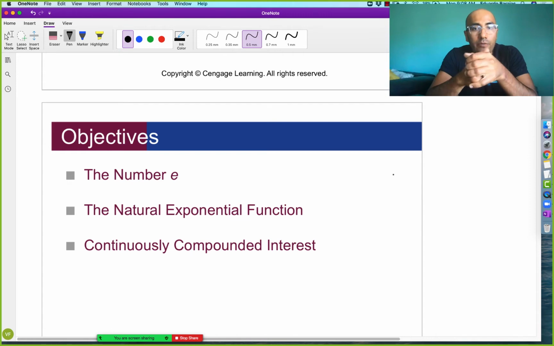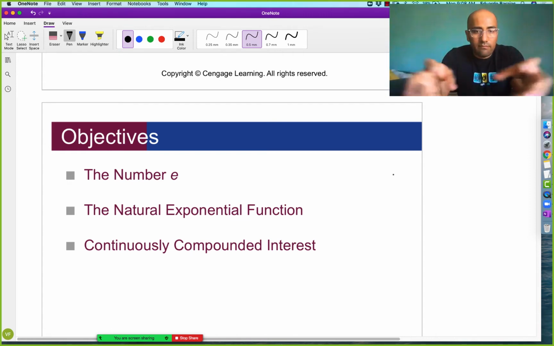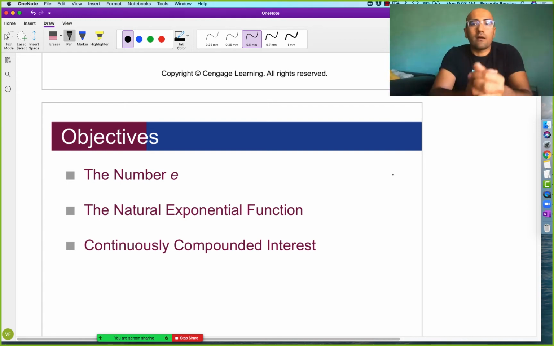It has far-reaching implications, and it's really knitted into our fabric of science in a lot of different ways. We're going to look at the natural exponential function and then continuously compounded interest.